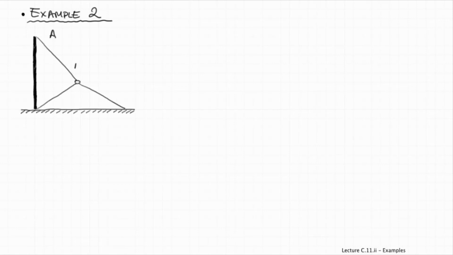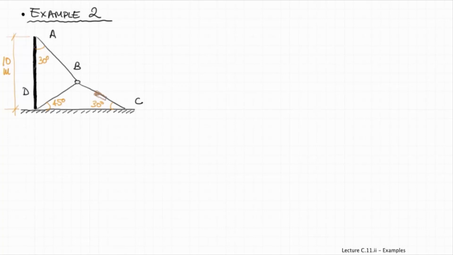Let's put some letters. So cable AB and cable DB, they both connect to the mast and the ring at B, and then there's a third cable from the ring at B to the ground at C. The height of the mast is 10 meters and some angles of the cables are as shown.